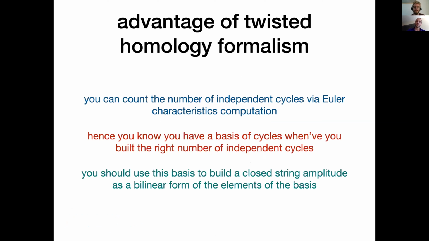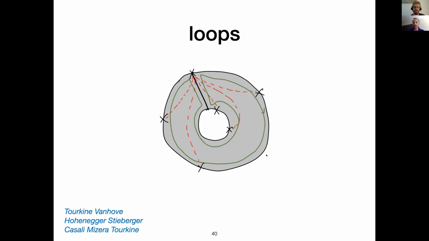One of the main advantages of going to the twisted homology formalism that I found is that you can count the exact number of independent cycles. When you work out the monodromies by hand, you know that there are relations, but you do not know what the minimal number is, what the size of the independent building blocks in these relations is, unless you work out the rank of the matrix that corresponds to these relations.